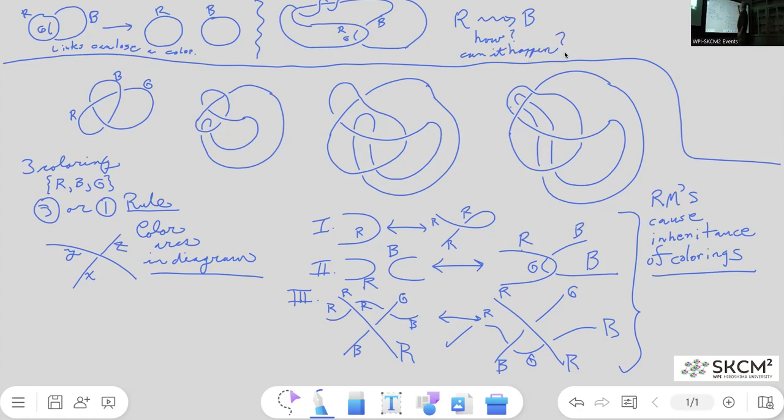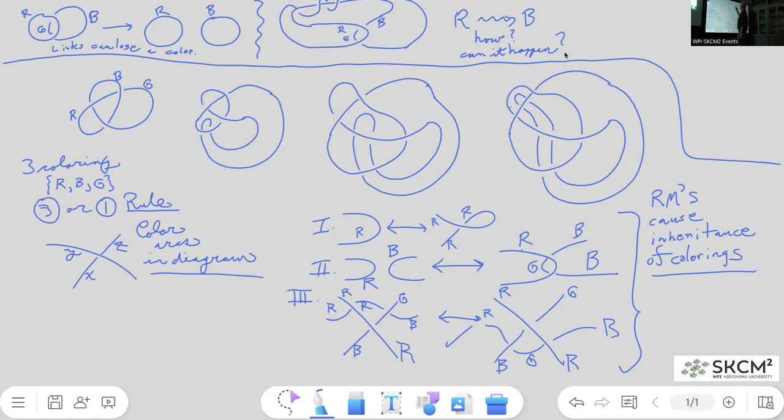How can it happen that it was red here and it turned into blue over there? You have an arc and you're walking along and this arc is red, but after a while, it turns into a blue arc. How can it happen? By the rules, the only way it could happen is if it met green. That's the only way that red can turn into blue. It has to meet a green.